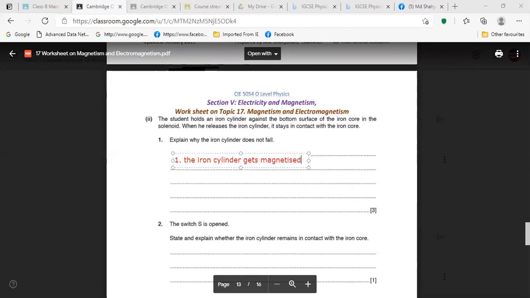Then second point, the upper side of iron cylinder turns to South Pole, right?